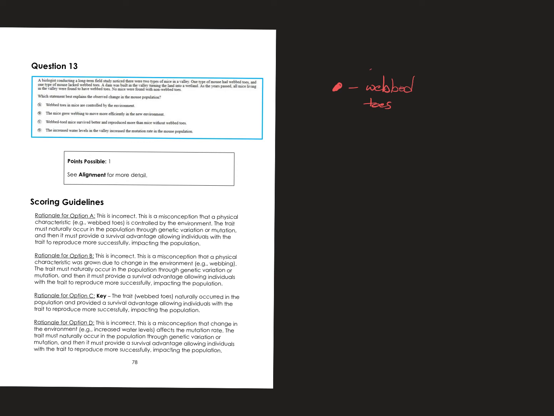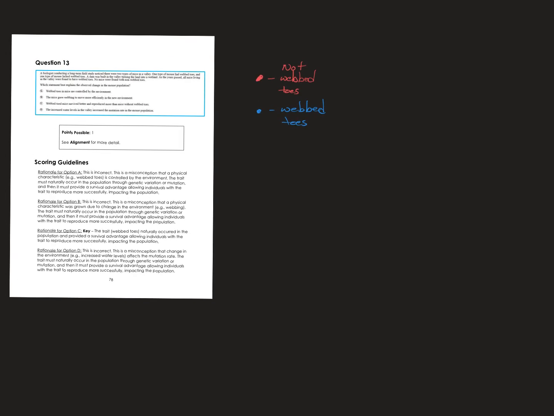Let's just say not webbed toed, and the other one is webbed toed. So you have this population of mice. Some have webbed toes. Some don't have webbed toes.